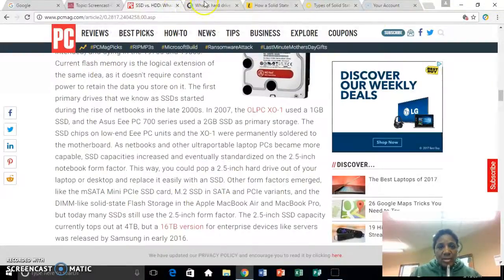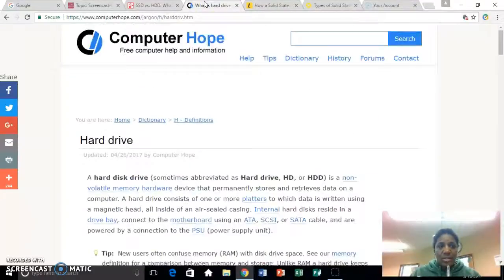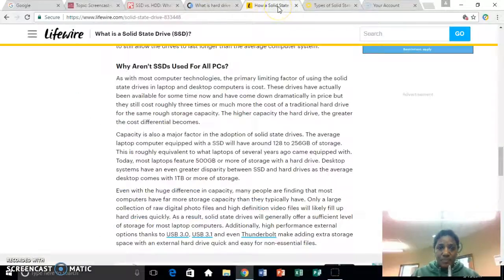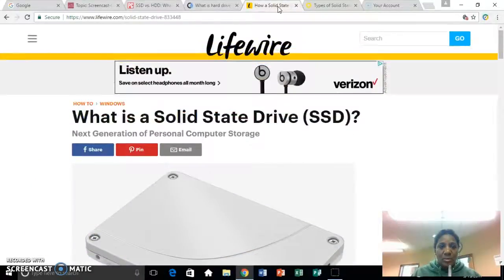I also found another article that specifically talked about hard drives. This one was Computer Hope, free computer help and information. I should probably check this one out more often. Another one that I found was LifeWire.